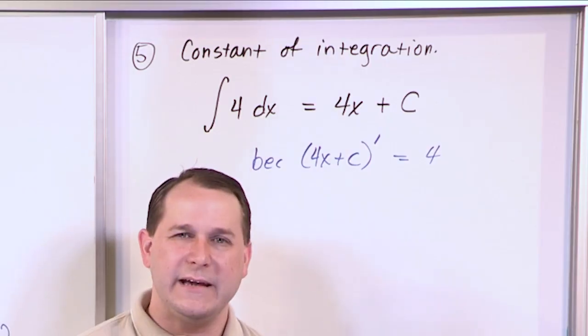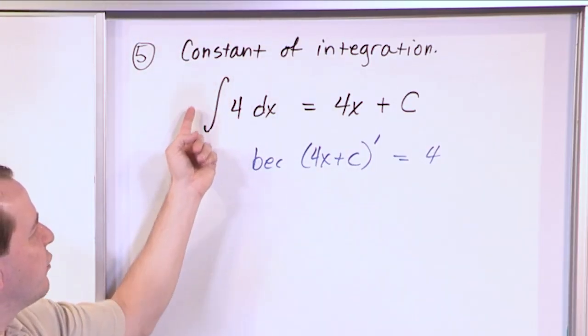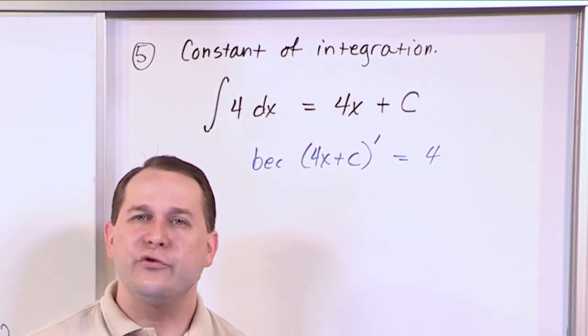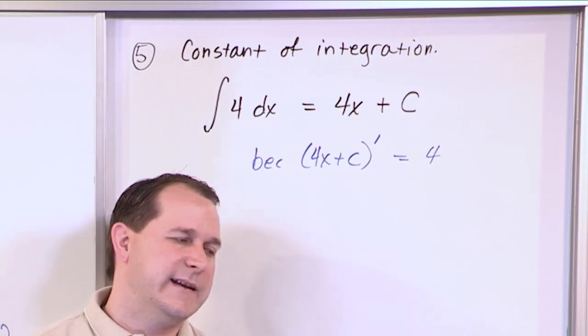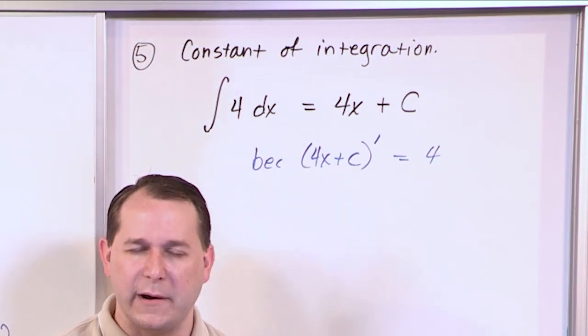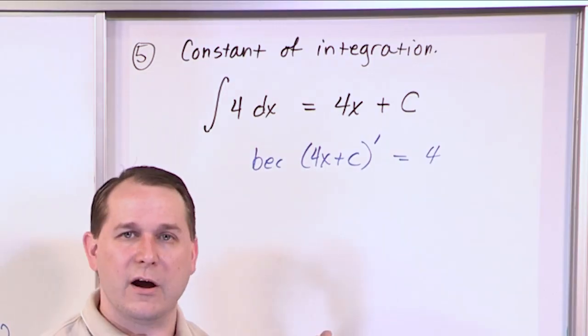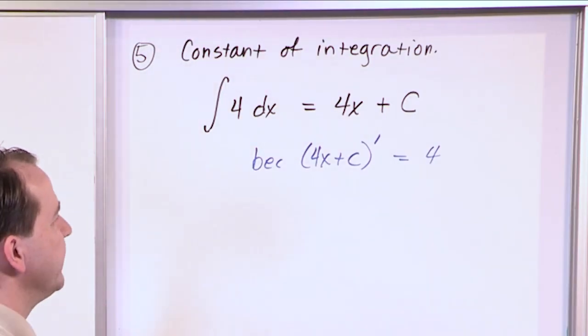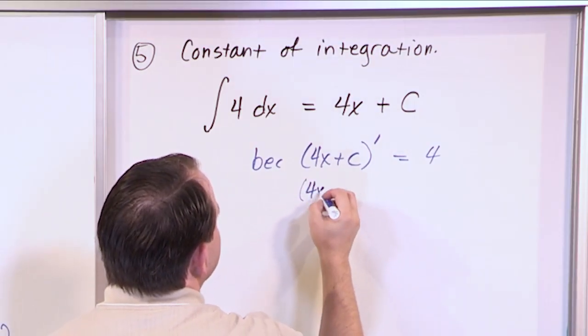So what this really means is that anytime you have an indefinite integral with no limits of integration and you get an antiderivative, there's really an infinite number of answers. And I'm going to say that again because that probably hits you like a train, but it's true. There's really an infinite number of answers to this problem. The reason is that my answer could be 4x plus 2.